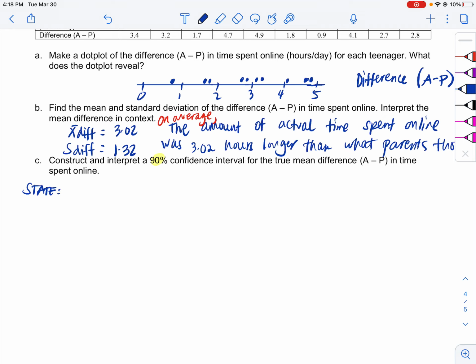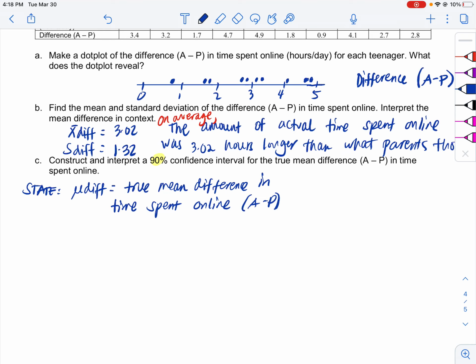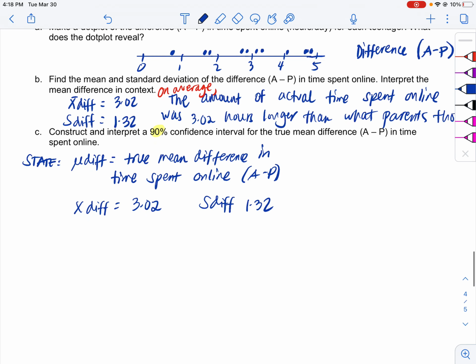We have mu diff is the true mean difference in time spent online, and I subtracted A minus B. My x diff is 3.02, my s diff is 1.32. My confidence level is 90%, and that's it.